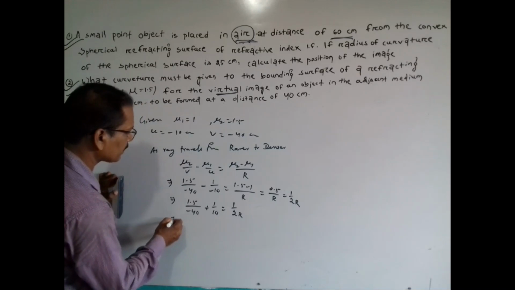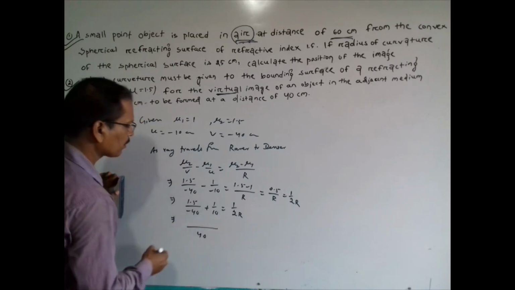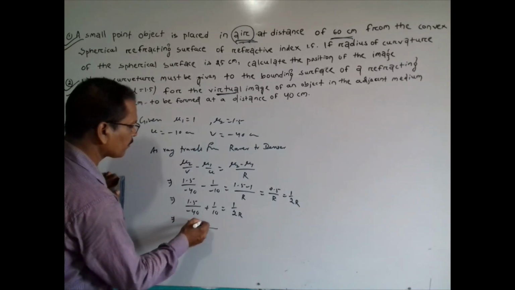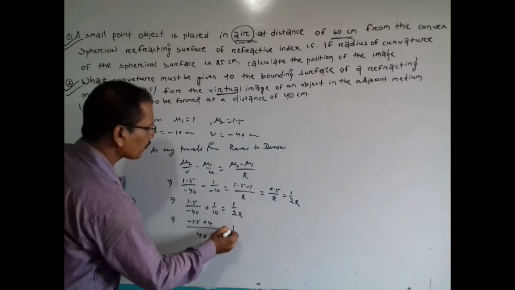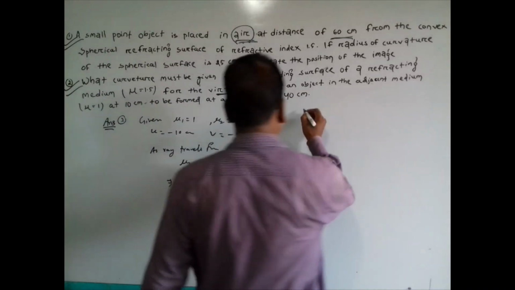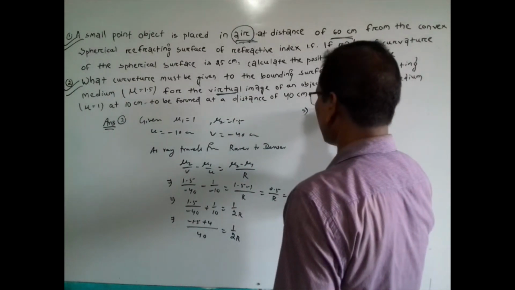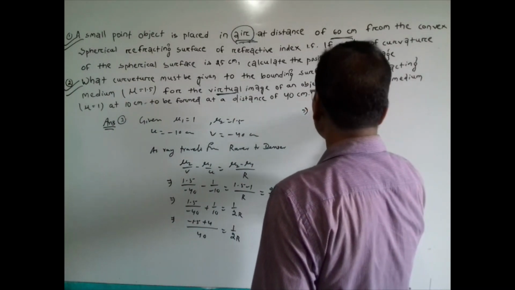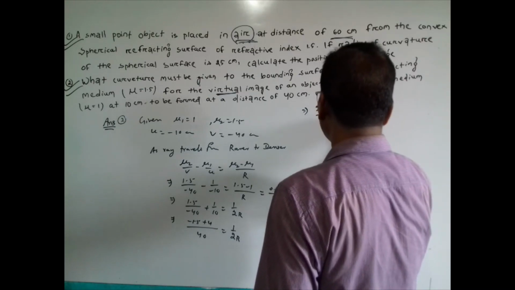Take the LCM 40: minus 1.5 plus 4, which leaves 2.5 by 40 is equal to 1 by 2r.